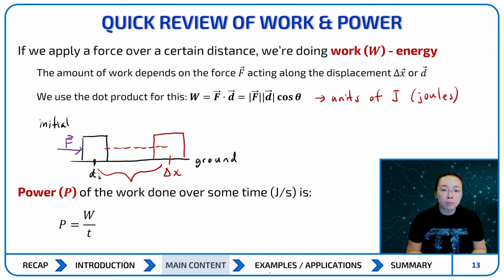And keep in mind, power is going to be the amount of energy over some sort of time. If I'm looking at the power of how much work I'm doing, then I divide work by time. If I'm looking at, for example, later on we'll look at muscle power.